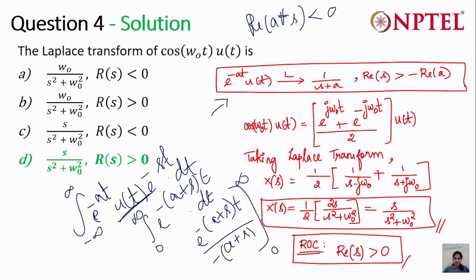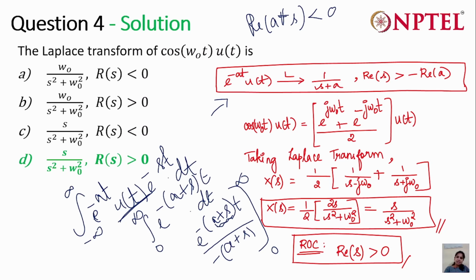In the numerator it will become e power plus a plus s into t, right. If this has a negative sign, then this numerator is going to be positive, so e power plus a plus s into t, and then if you substitute infinity, this integral will diverge.